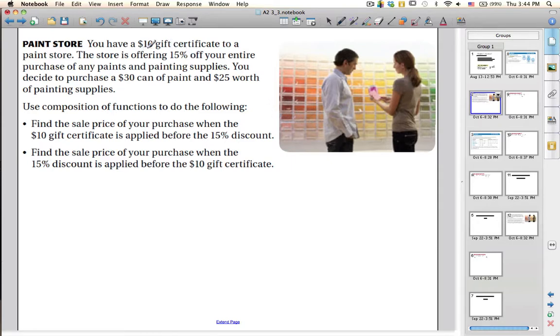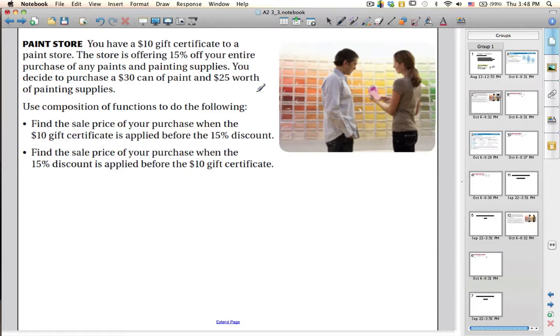So if I do a composition of a function, if I write a function that shows how much I pay for any amount of purchase using the gift certificate, and then I write a different function that shows how much I pay taking 15% off my order, if I combine the two functions, it will take the $10 gift certificate off and apply the 15% off all at one time, instead of my having to put an input into one function and then take that output and put it into the next function.